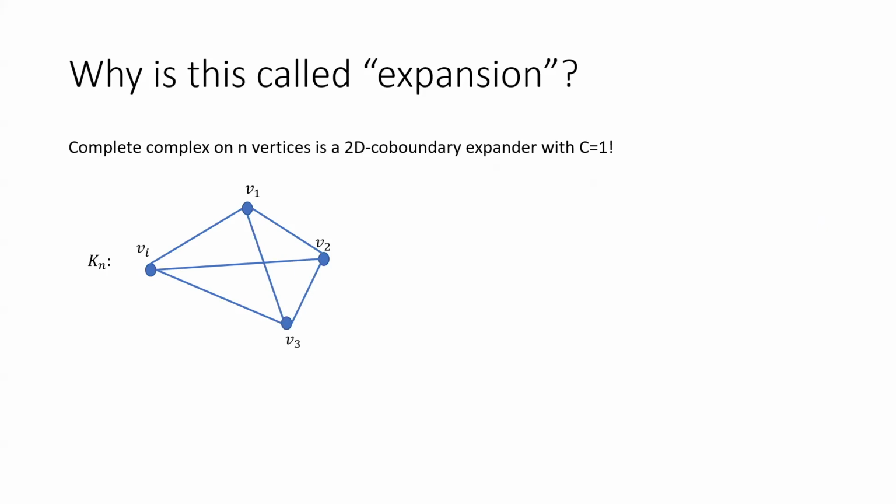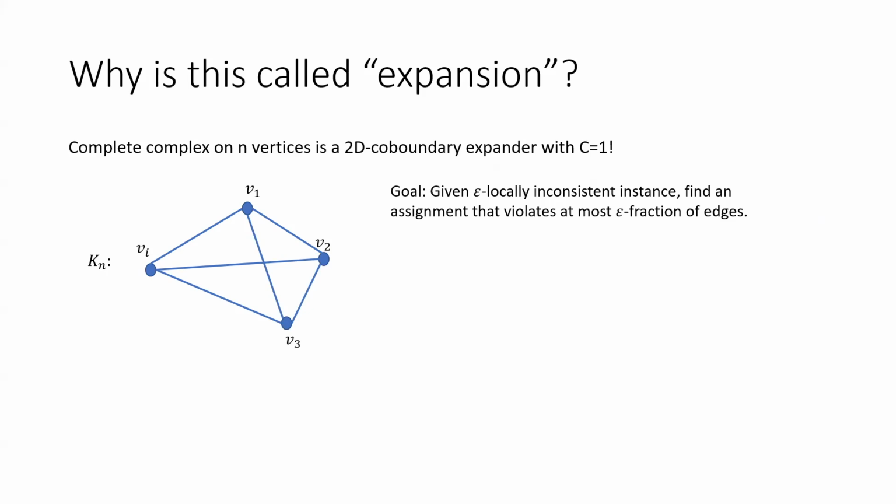Okay, so let's say this is K_n with vertices V1, etc. And the goal is to show that this is a coboundary expander. So suppose you are given an epsilon locally inconsistent instance of 2-XOR. The goal is to find an assignment that violates at most epsilon fraction of the edges.